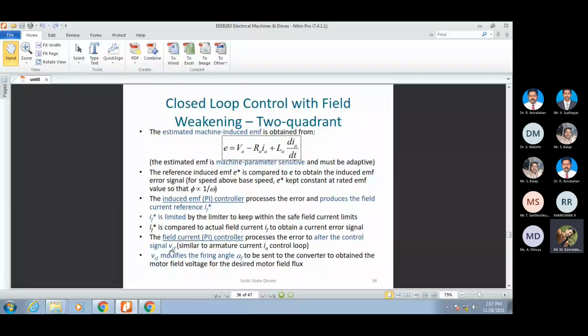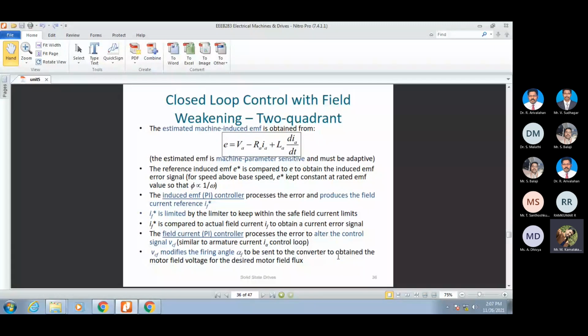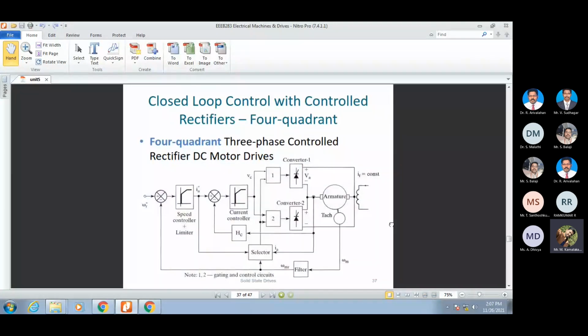After then it is producing the alpha. So that VCF is actually modifying the alpha. That alpha is going to produce the required field voltage. From that field voltage, the field current is getting altered so that the overall speed of the machine is getting controlled as per the user set speed. So now that is how the field weakening is also achieved.